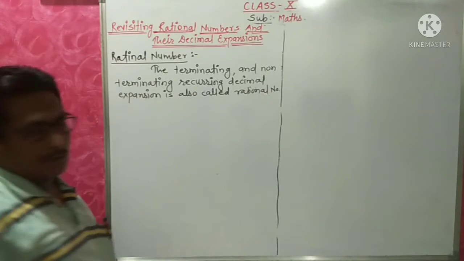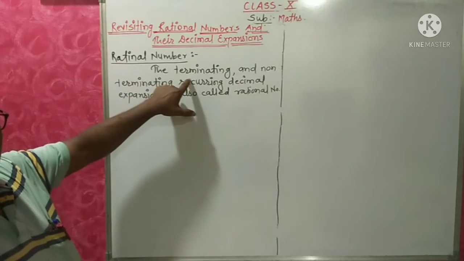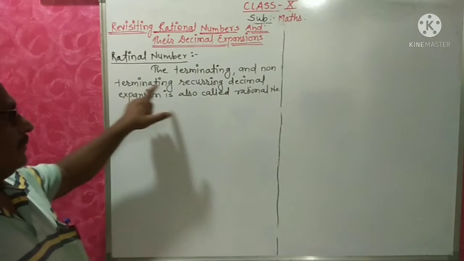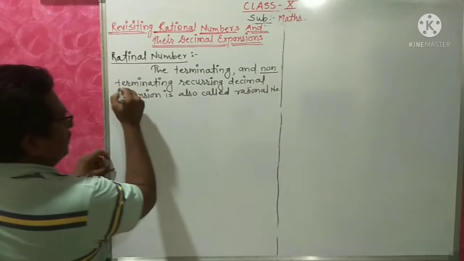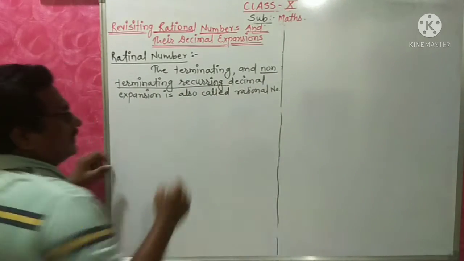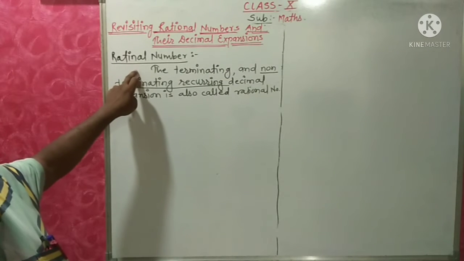This definition I also wrote and gave, and in 9th standard also we studied terminating and non-terminating recurring decimal expansion. This word is very important. Non-terminating recurring decimal expansion is called a rational number.